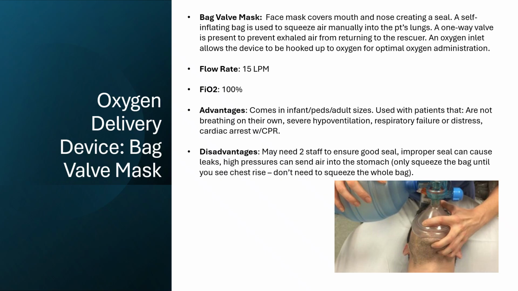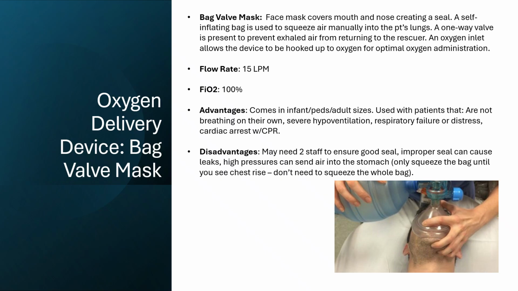Some disadvantages of this system is that you might need 2 staff to ensure a good seal, and an improper seal can cause leaks. So it is recommended that you use 2 rescuers, one person to make sure that the mask is seated on the face properly, and then another one to squeeze the bag. But if you're by yourself, you're by yourself and you can do what you can do, right?